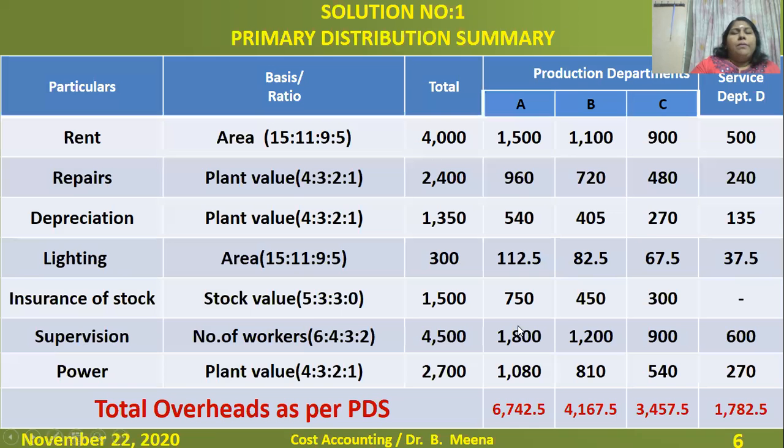That ratio I'll make use of for apportioning the supervision expenses, 4500. So 6, 4, 3, 2: 4500 into 6 by 15, 4 by 15, 3 by 15, 2 by 15, based on this ratio. Then I'll get these values for A, B, C and D.